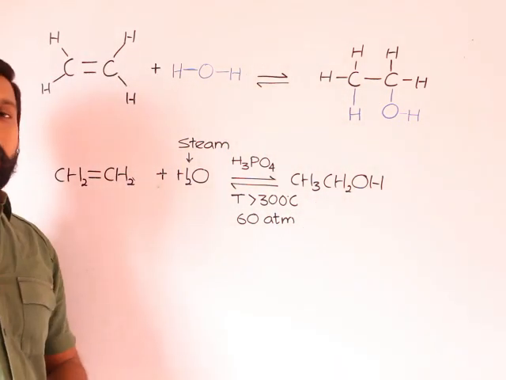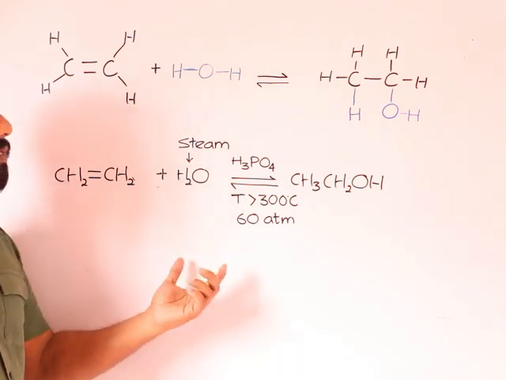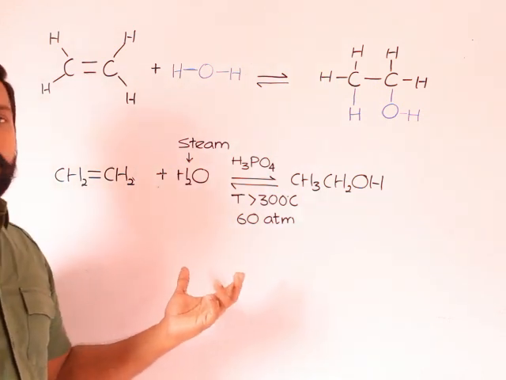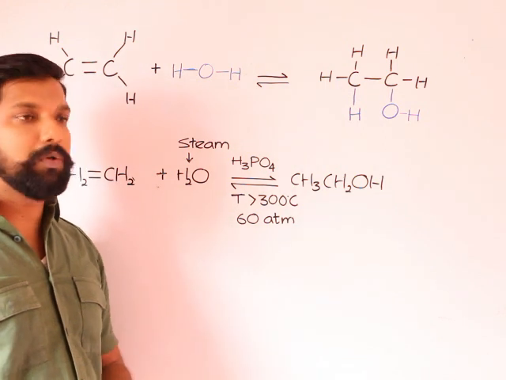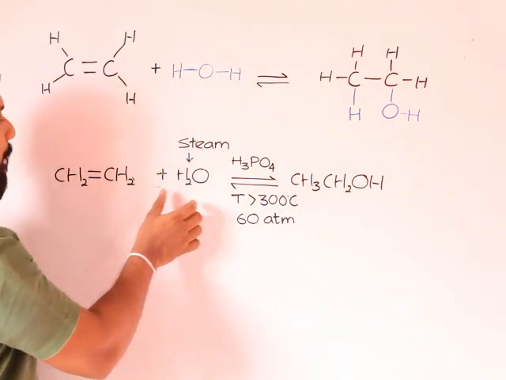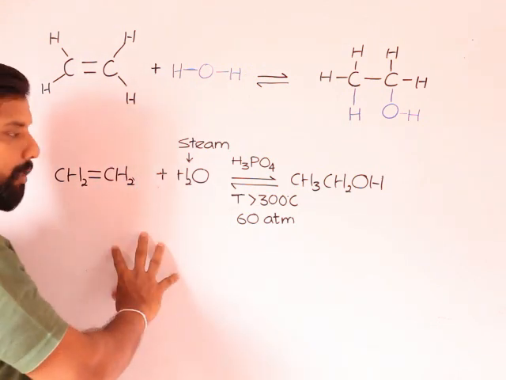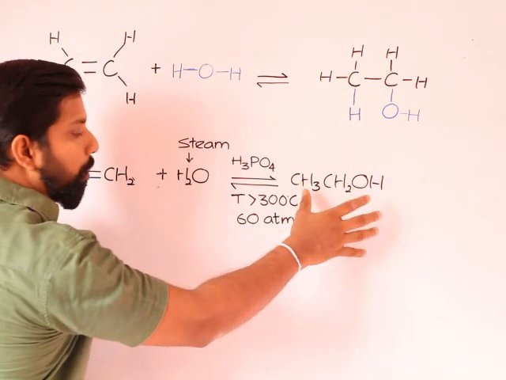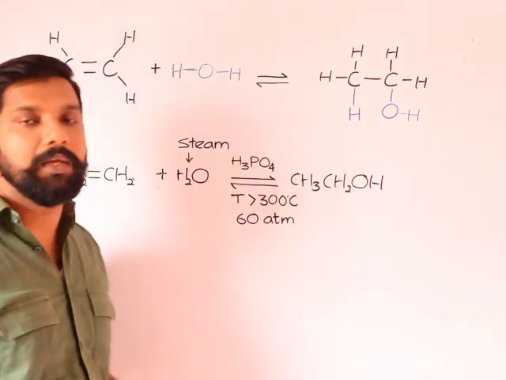The other advantage is this is not a batch process. This is a continuous process, which means you can keep on adding steam and ethene into the reactor, producing ethanol continuously.